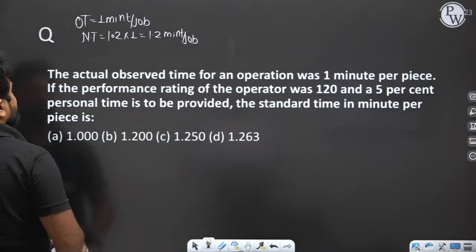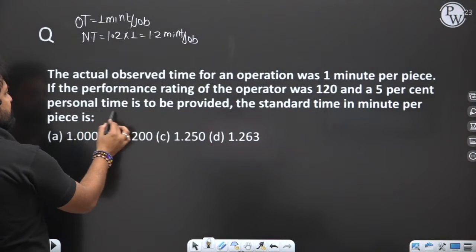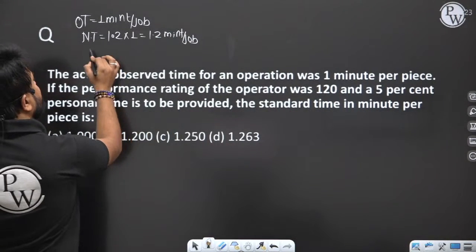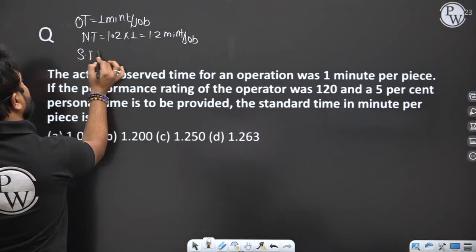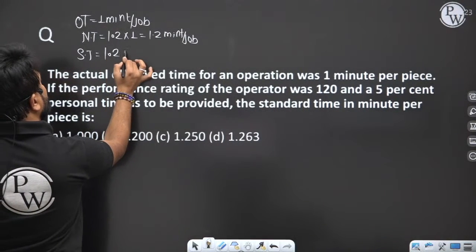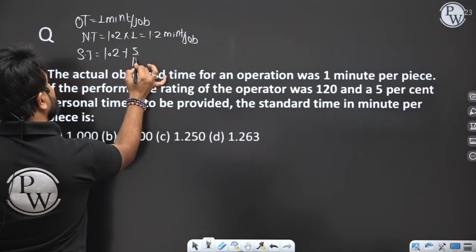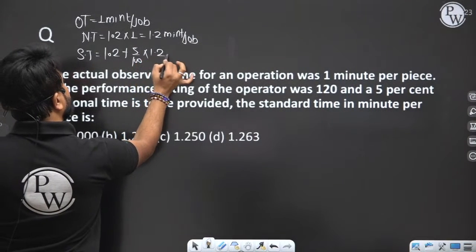And 5% personal time is to be provided. So the standard time is 1.2 plus 5% into 1.2.